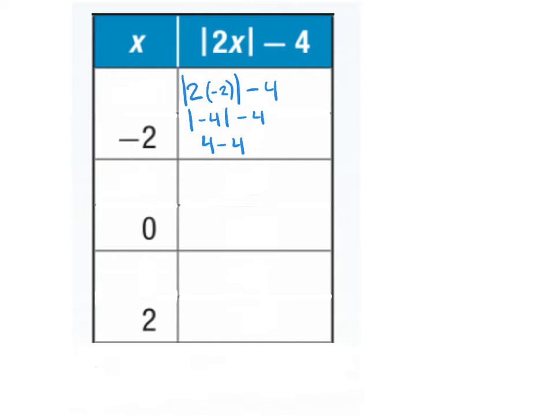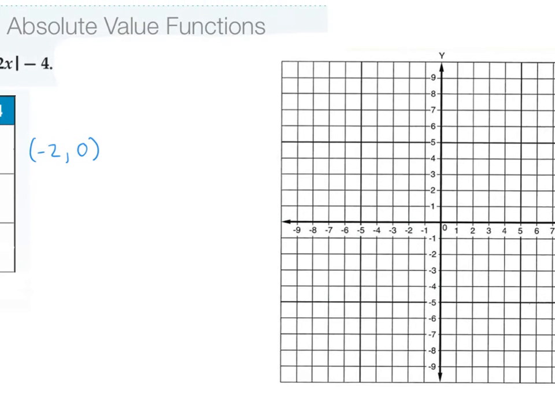So we have 4 minus 4, which is what? 0. So when we plug in -2, we get 0. So this is going to be a point in our graph. So let's go ahead and graph that. We're going to go to the left 2 and stay at 0, and we put a point there.